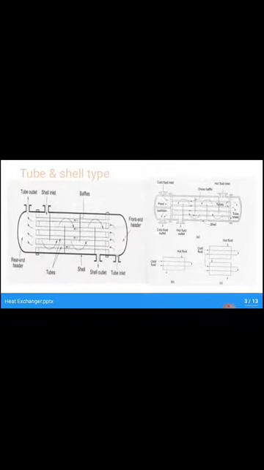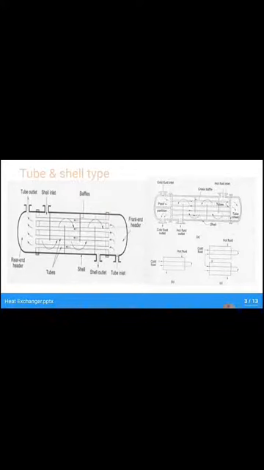It has to flow, as shown in the figure, from left to right, then down, then from right to left at the bottom, and outside. So the flowing area and flowing time through the heat exchanger are increased, and that's why the amount of heat exchange also increases. Heat exchange depends on the time the fluid flows through the heat exchanger. So this is the tube and shell type of heat exchanger.